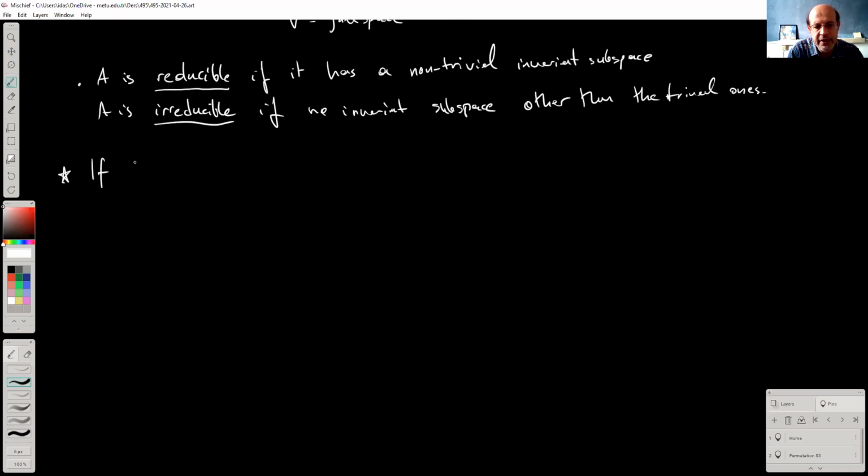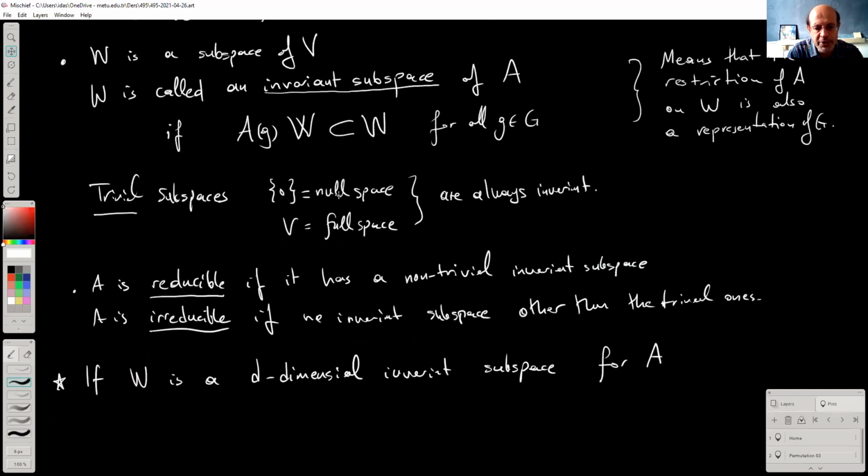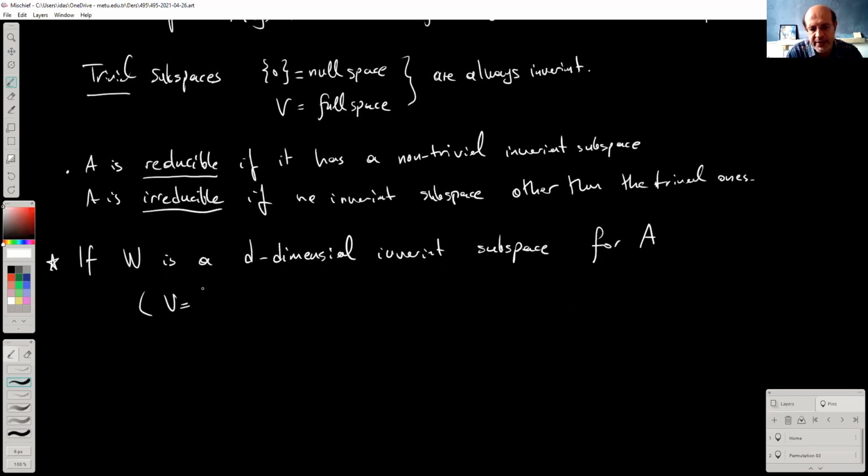So if W is a D-dimensional invariant subspace for the representation A, and V is the full space, which I'm just going to say is n-dimensional, then D is a number between 0 and n, not equal to either of them.